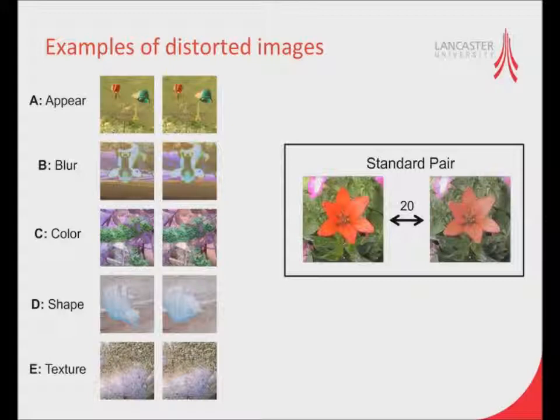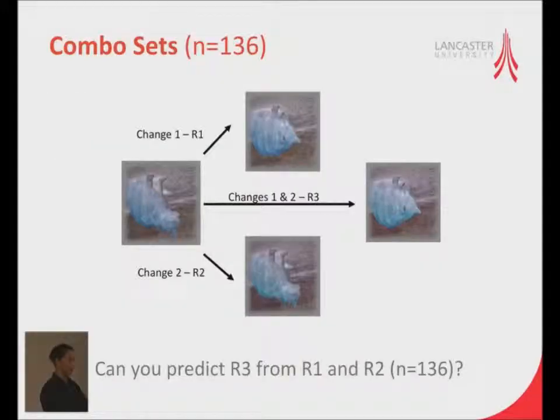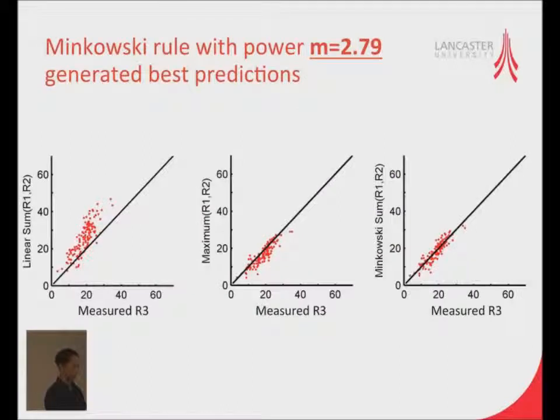And as you can see, it becomes more difficult to see what you're actually looking at, identifying it. But we used the same standard pair. And in this experiment, a combination set would look like this, okay? So we have the same number of combination sets. And the question again is, can you predict R3 from R1 and R2?